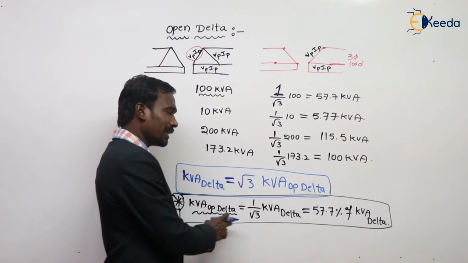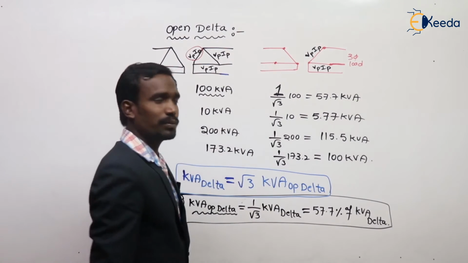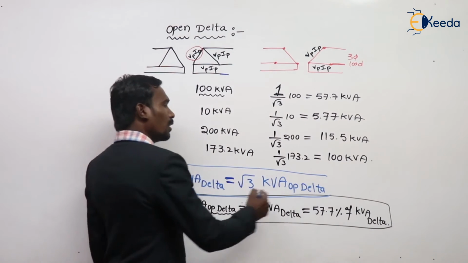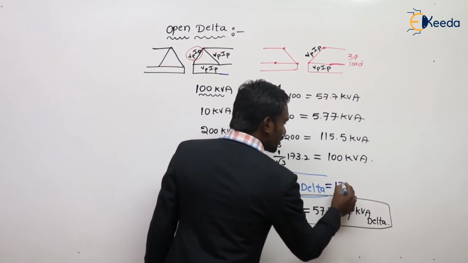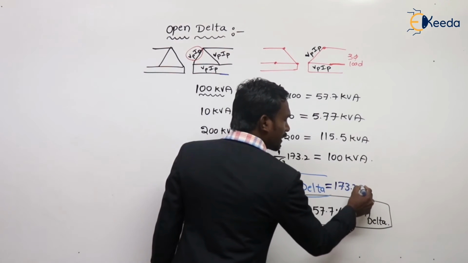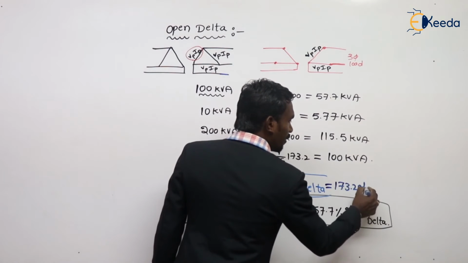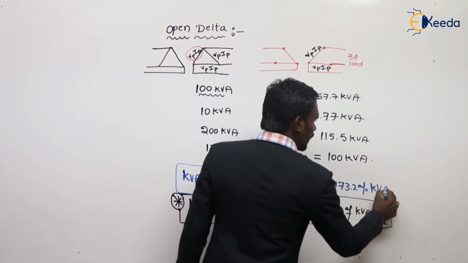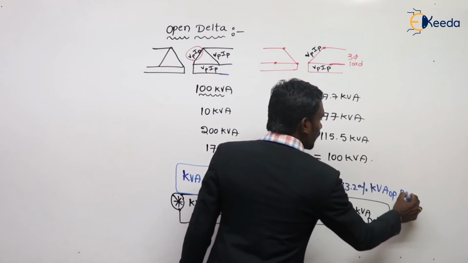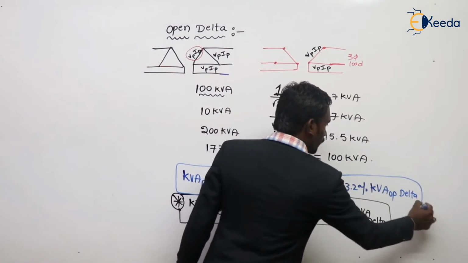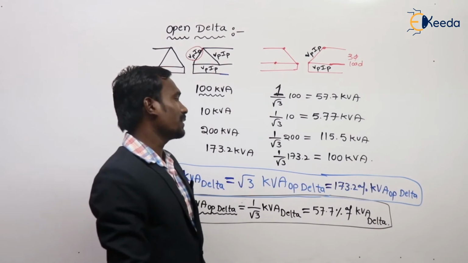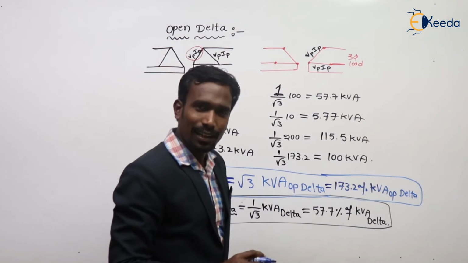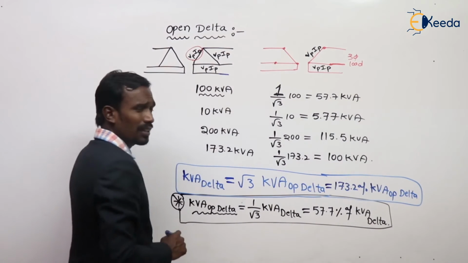The kVA rating of open delta is equal to 1 by root 3 times, here 1 by root 3 is nothing but 57.7. Root 3 is nothing but 173.2% of the kVA rating of open delta.